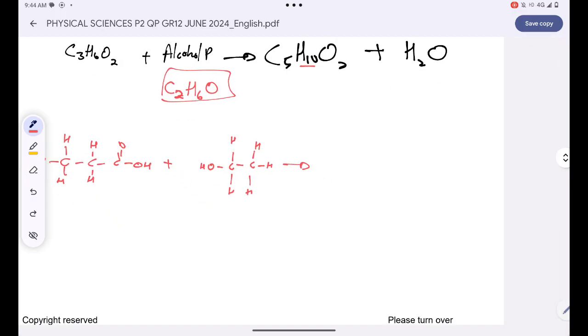Please remember that your alcohol donates this proton, and your carboxylic acid donates an OH.